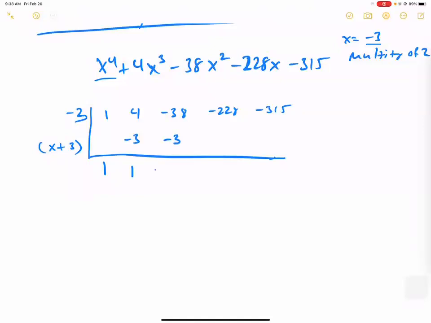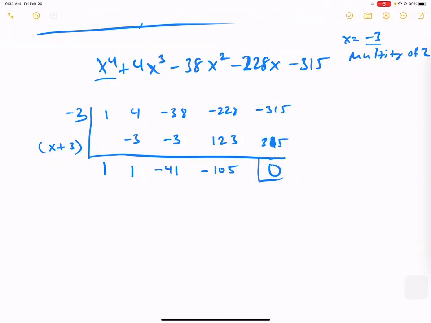This becomes a negative 41 times 3 is negative 123. Combine those to become negative 105. Multiply becomes 315. And bam, we got a 0. Okay, that wasn't extremely hard, especially since I gave you the key. That worked.